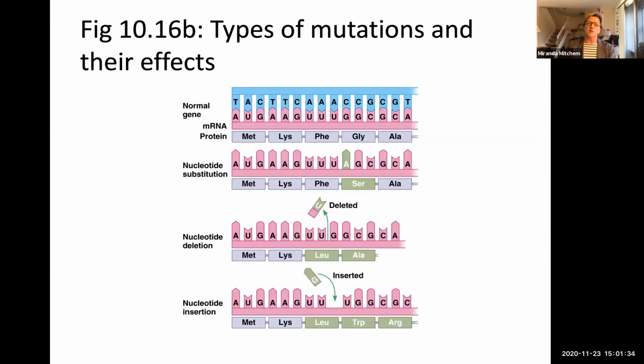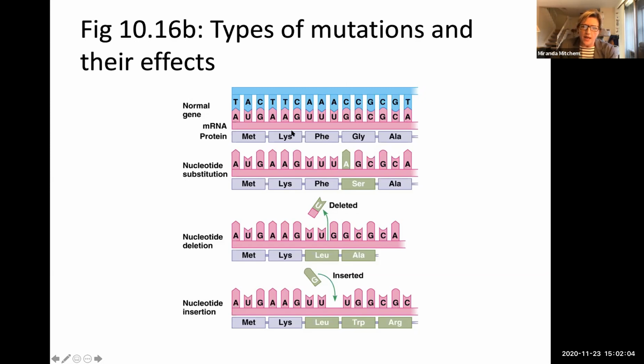Okay, so let's look at some examples of different types of mutations and how they affect the protein. We've got our normal gene. So our DNA template is in blue, and then we've got our complementary message in pink. So AUG is methionine, AAG is lysine, UUU is phenylalanine, and then GGC is glycine.